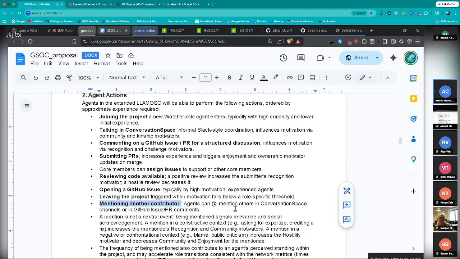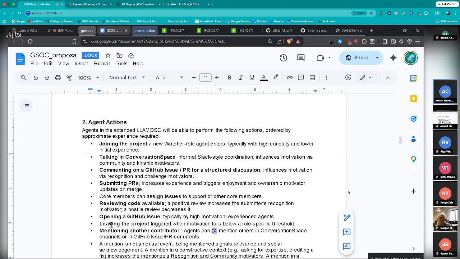Now I think this is a very central part to emulating a real discussion. We use @ signs to mention other contributors, such as when someone has started talking, so we would mention them and continue the conversation that way. So these are the actions one agent can have.